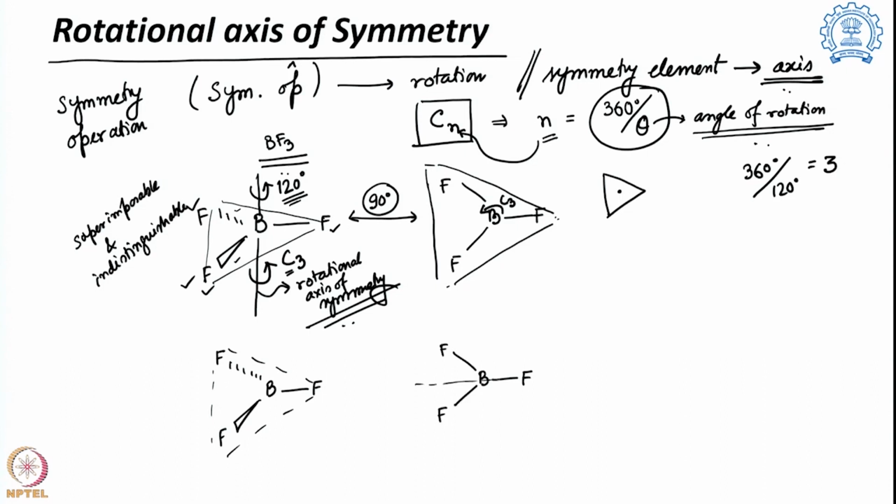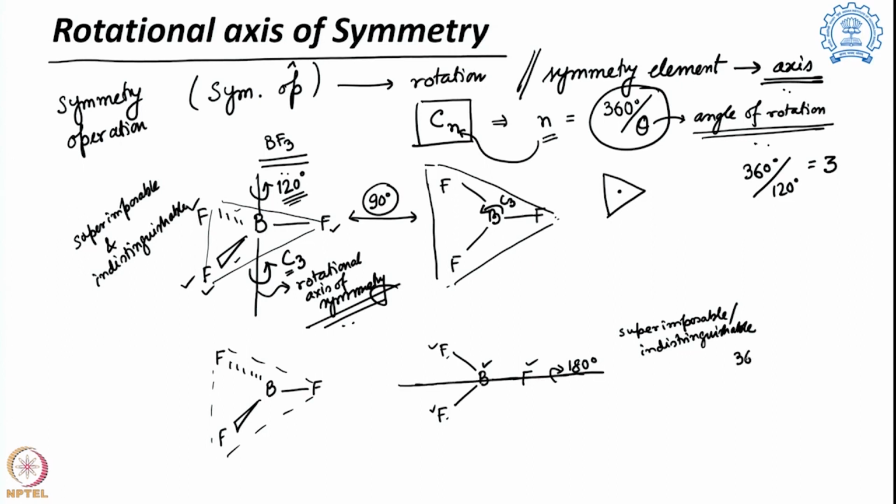Over here you can see that along this BF bond, if I rotate 180 degrees, this boron and fluorine remain in their own positions because they fall on this particular axis of rotation, whereas these two fluorines exchange places. Even after the 180 degree rotation, this fluorine will go to this position and vice versa, and I am going to get again a superimposable and indistinguishable structure, and that means I have an axis of rotation over here.